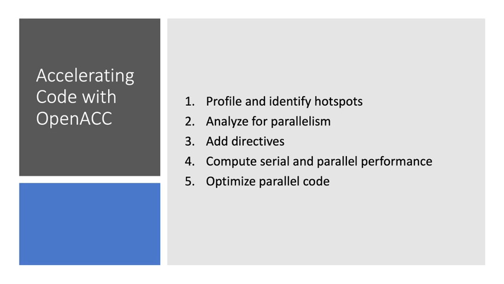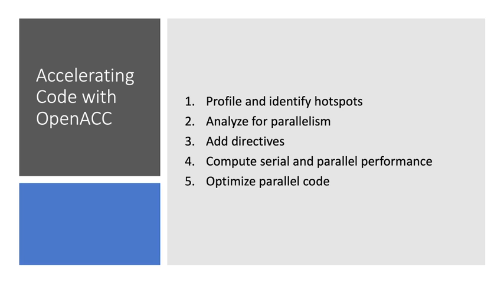We need to analyze our code for parallelism, particularly the hotspot that we defined in our first step, for possible parallelism. Third, we need to add directives. Add the correct OpenACC directives around your hotspot components. The choice of directive will depend on the component identified.